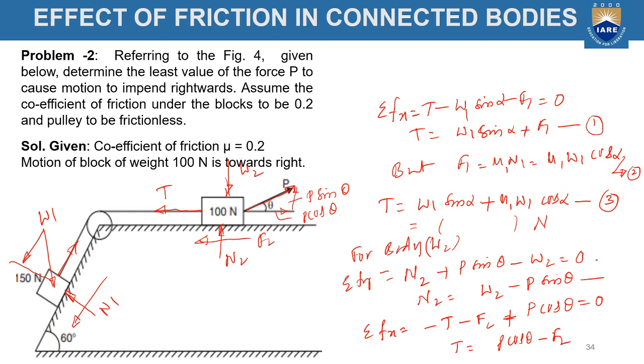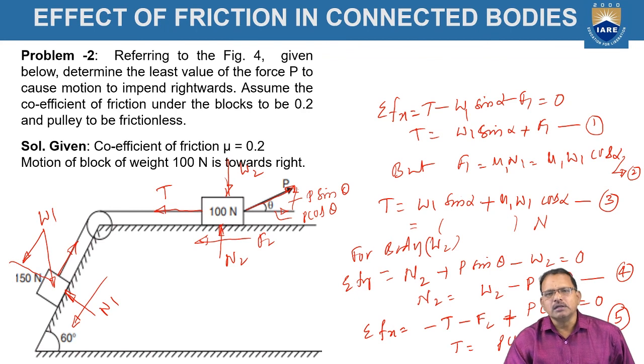Since the T value is already determined and two unknown quantities are there, theta as well as P, by using equations number 4 and 5, we can determine the minimum force that is required to slide the system of forces W1 and W2, which are connected together and tend to slide toward the right side.